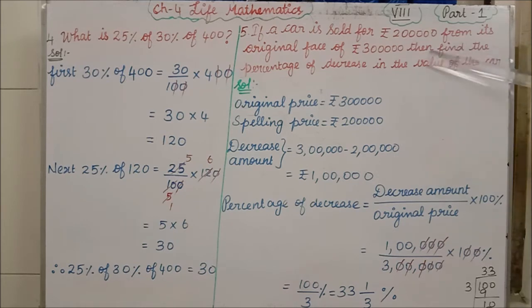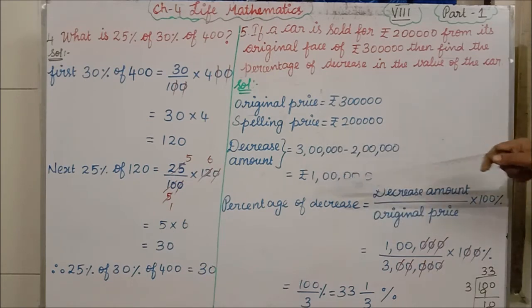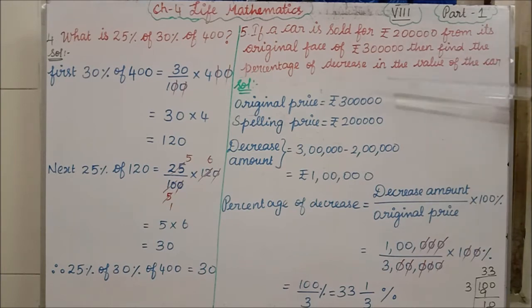Okay, in the question, they were not asking the decreased amount, but they were asking the percentage of decrease in the value of the car. In percentage, they were asking the final answer. So, how can we write? Percentage of decrease is equal to this decrease amount divided by original price into 100%.